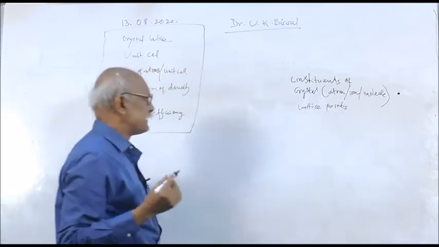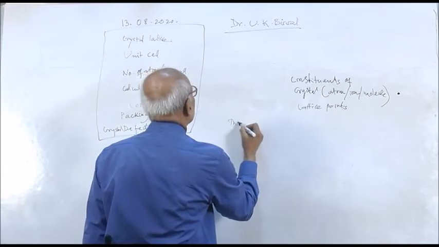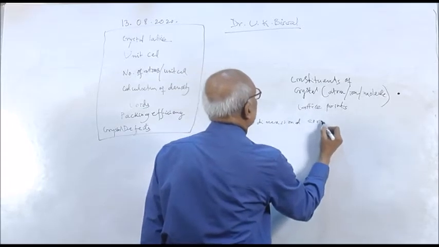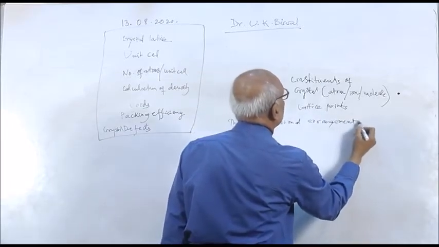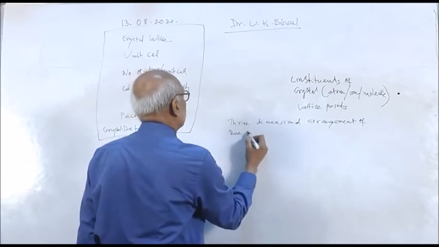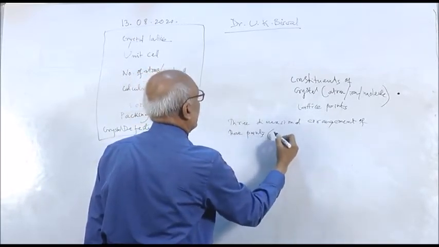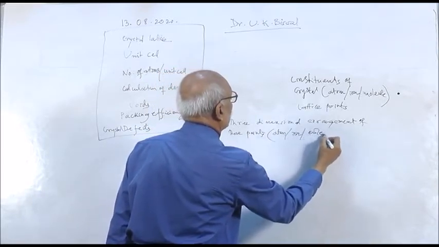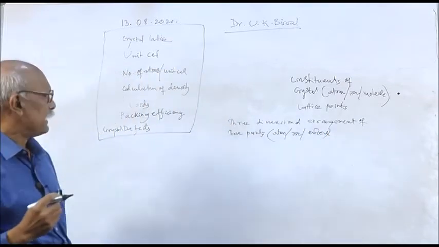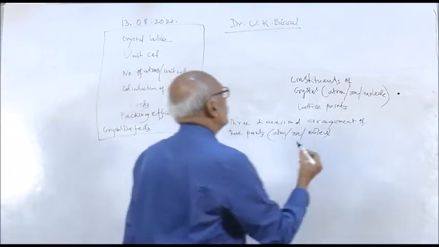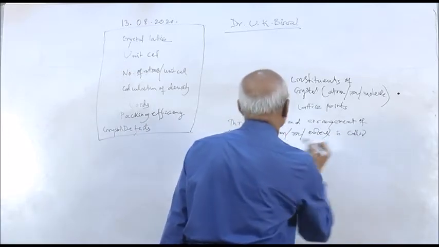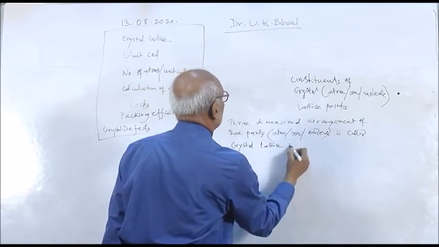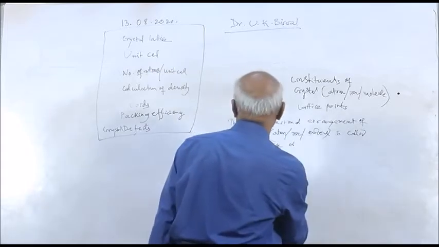The three-dimensional arrangement of these points, where these points may be atom, or ion, or molecule, is called crystal lattice, or you can call it space lattice also.